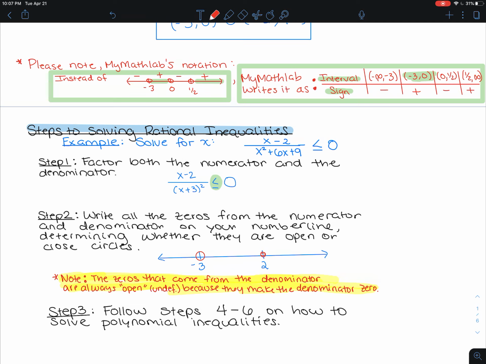Now, since we do have less than or equal to, we do want to include the 2. This is the tricky part of rational inequalities, remembering that we never want zeros in the denominator. Note the zeros that come from the denominator are always open because they are undefined.